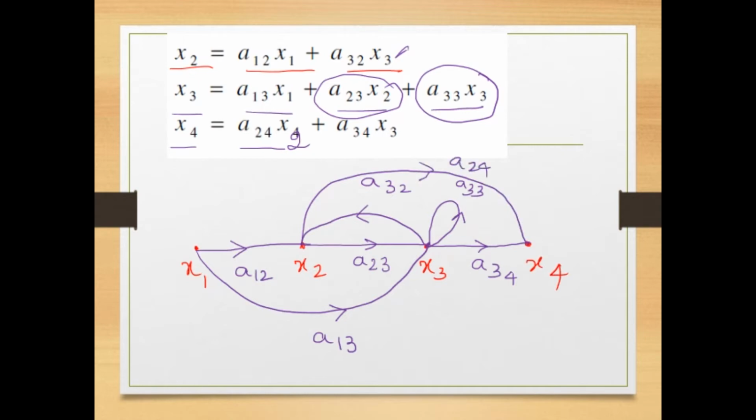This is the actual signal flow graph which describes these equations. As of now, our input node is x1 and x4 is our output node. So this is the signal flow graph for this particular set of equations.